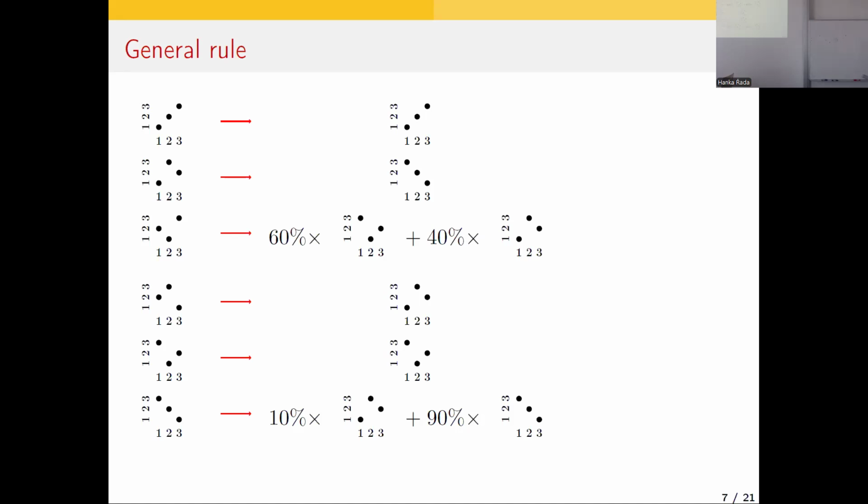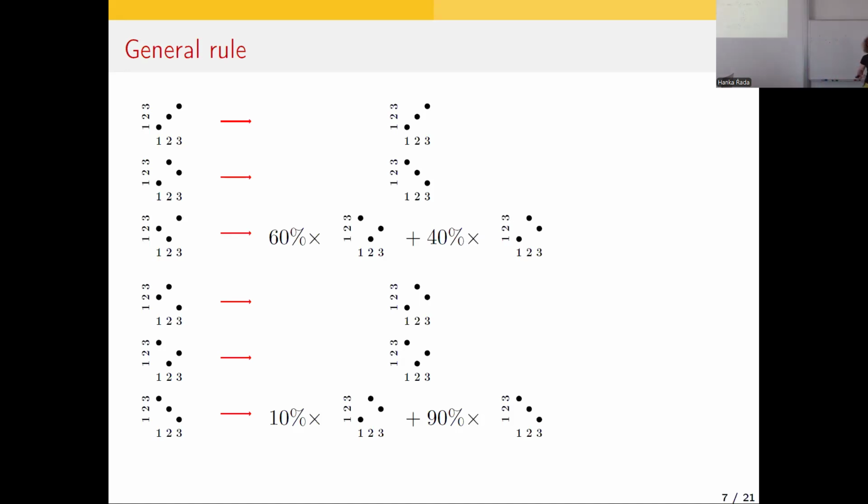You do not need to know deterministically how you reorder the points, but you can, for example, in this case, flip an unfair coin, and there is a 60% probability that if you sampled this permutation, you return this permutation, or a 40% probability that you return this permutation.